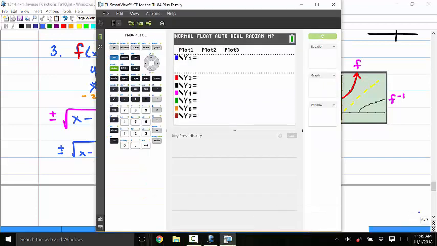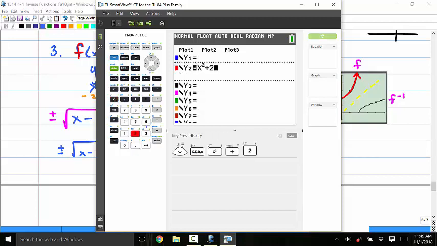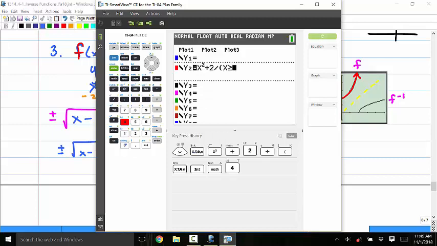Okay, back on your calculator. Your original f, which we did in red, right, was x squared plus 2. But we wanted to restrict the domain. Do you remember how to do that? You say divided by x greater than or equal to 0. So let's go make sure.